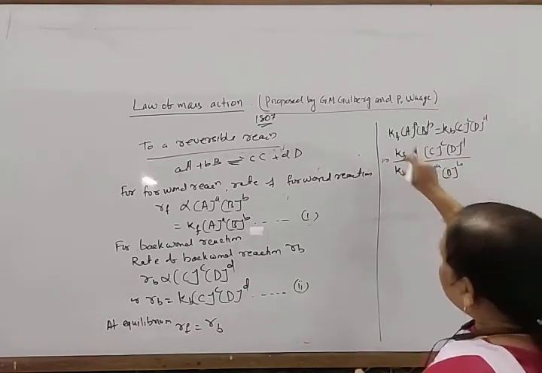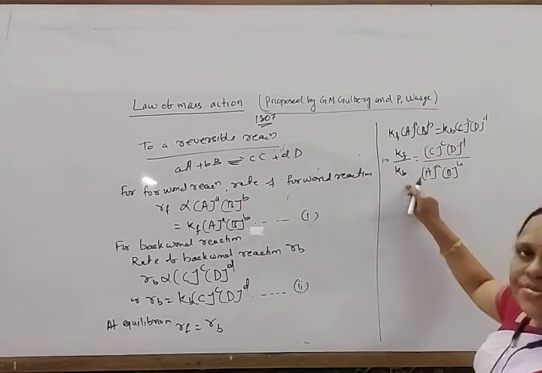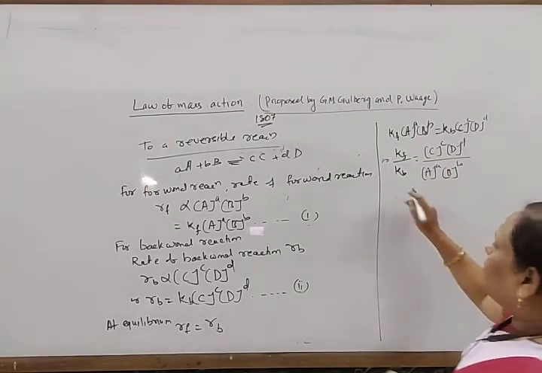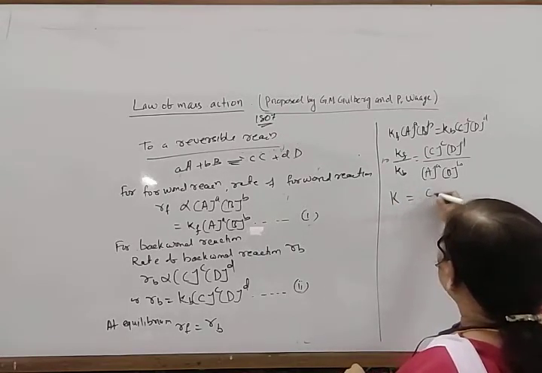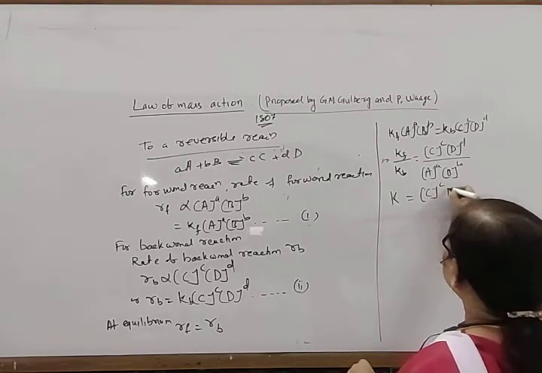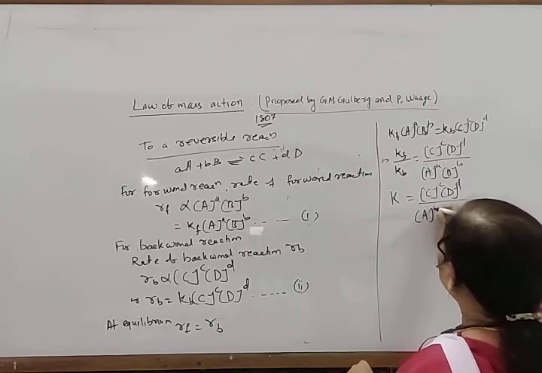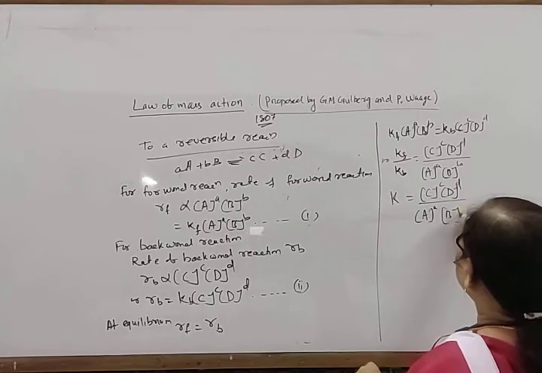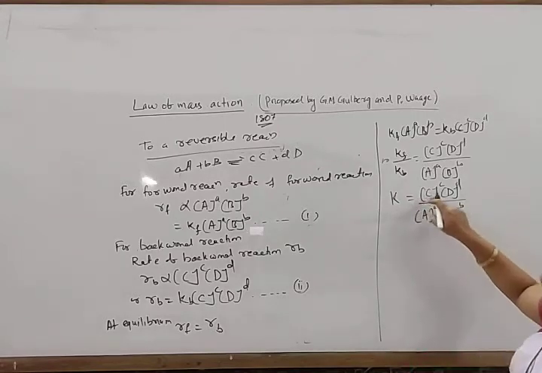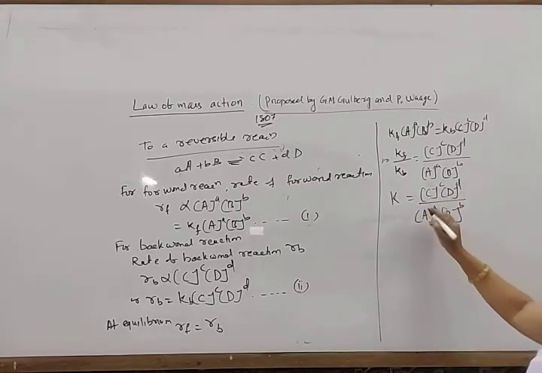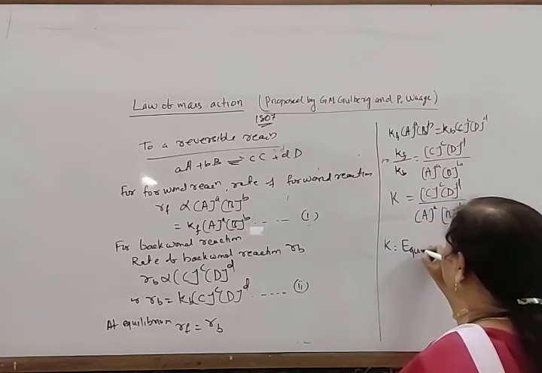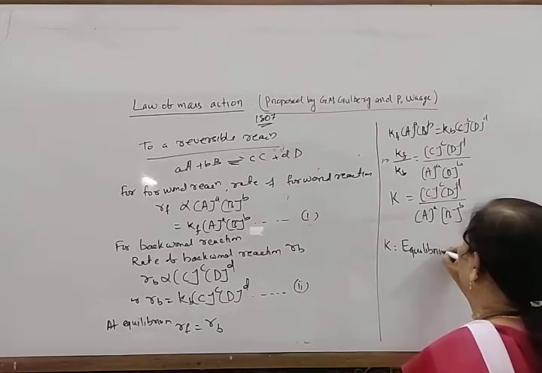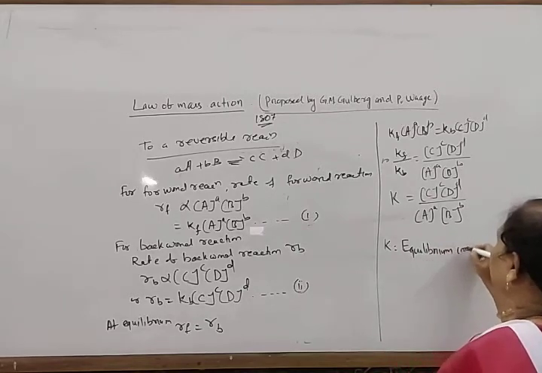So this Kf by Kb gives rise to another constant, and that is known as K. So K is equal to [C] to the power c, [D] to the power d divided by [A] to the power a into [B] to the power b, all molar concentrations. So this K is called the equilibrium constant.